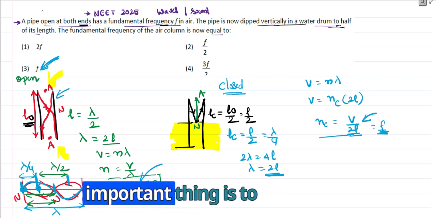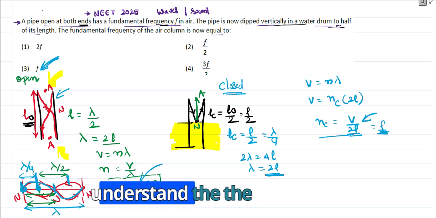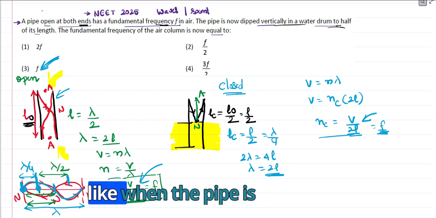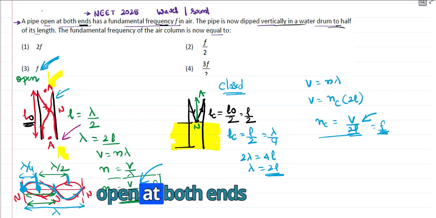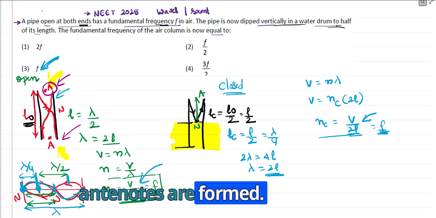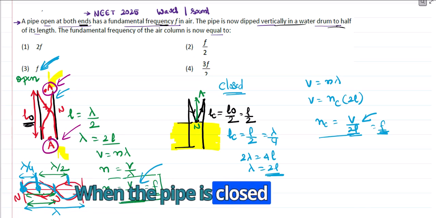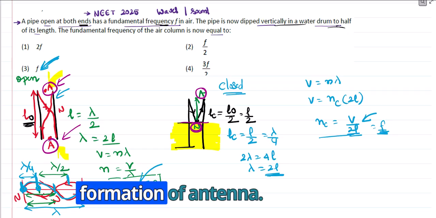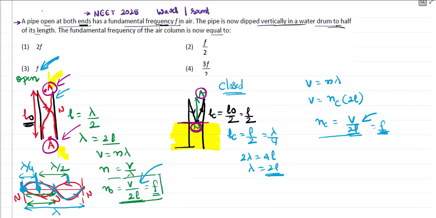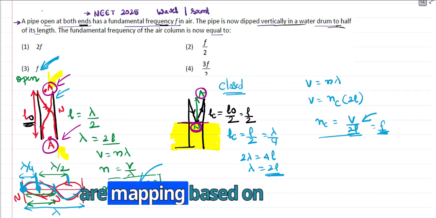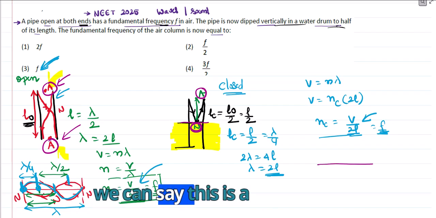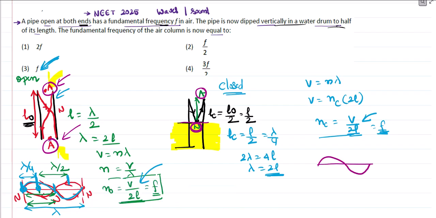And the most important thing is to understand the concept, the story behind it, right? When the pipe is open, antinodes are formed at both ends. When the pipe is closed, at the closed end there is a formation of a node, and at the open end there is a formation of an antinode. And for the length we are mapping based on the distance between nodes and antinodes. So this is a complete wave, the forward wave.